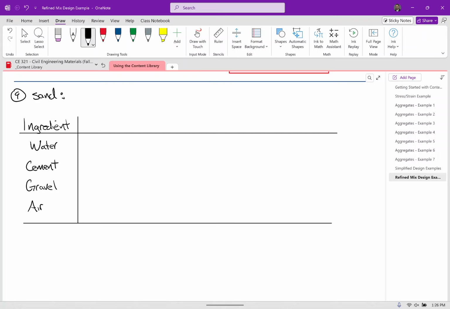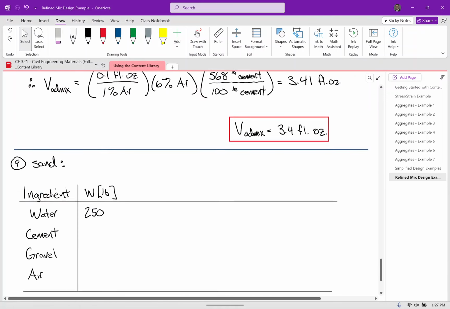Let's write down the weights. What have we done so far? The weight of the water, what was that? 250? We got the cement, 568.